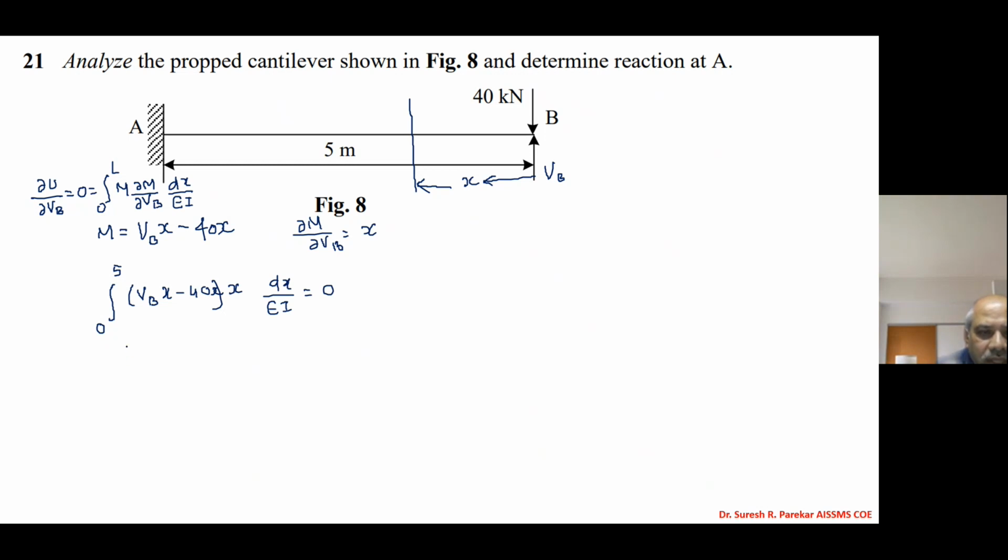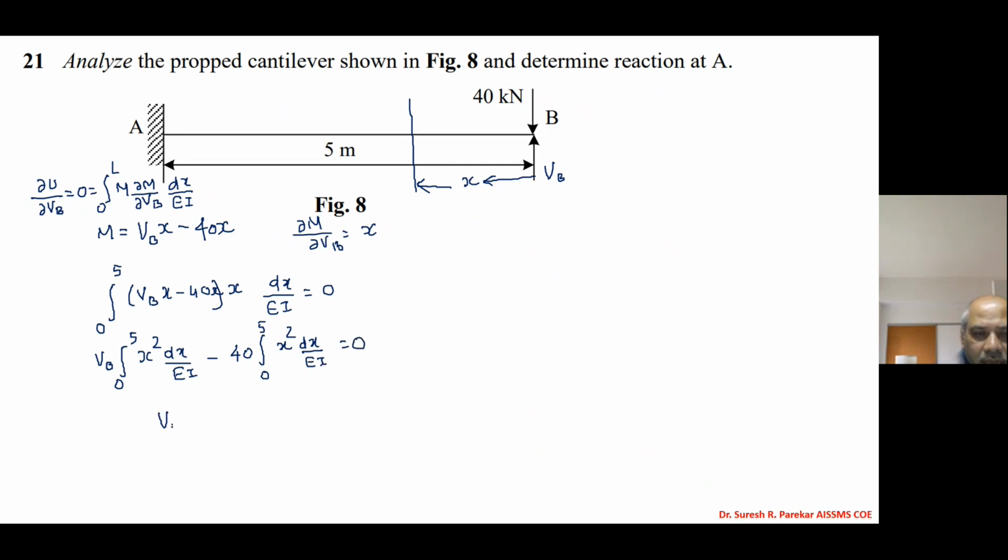We separate this out: 0 to 5, VB taken outside, then X square dx upon EI, minus 40 integration, because it is also constant, X square dx upon EI, equal to 0.